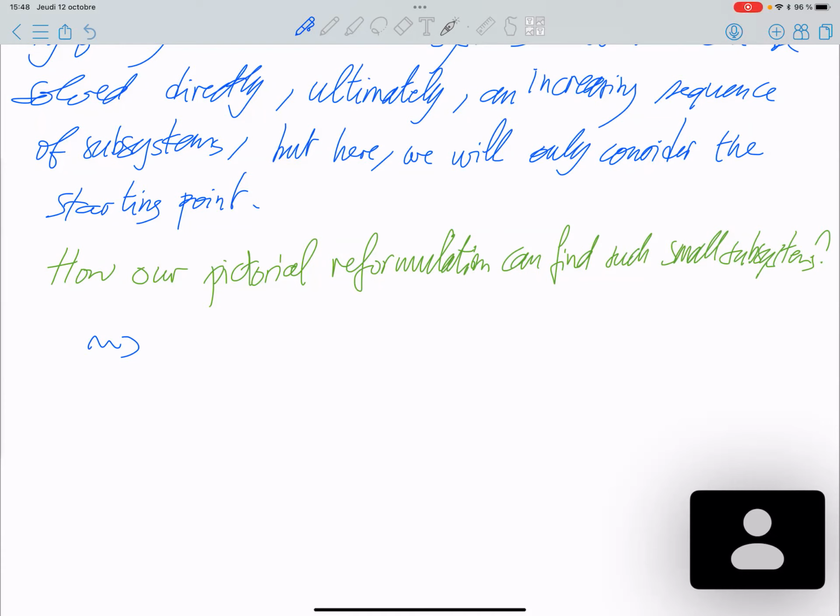If you just consider the Pentagon equation without reformulation, you don't see the symmetries; they are completely hidden. But when you reformulate pictorially, you see symmetries, and then everything becomes more clear.